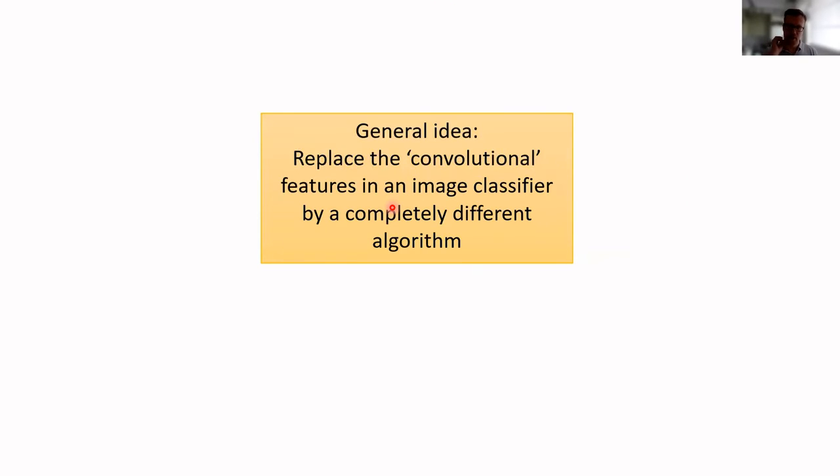So let's do the first thing: let's replace convolutional features. In a neural network you have all of these layers, and they can be convolutional or not. It doesn't matter. I told you that convolutional networks are not magical, in the sense that they can be simulated using MLP, fully connected layers.